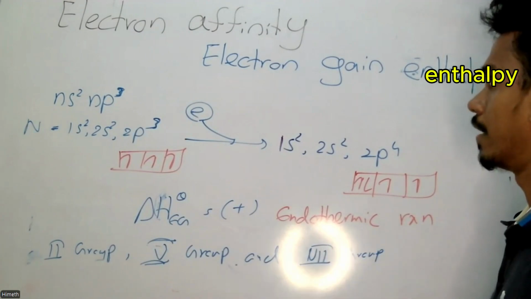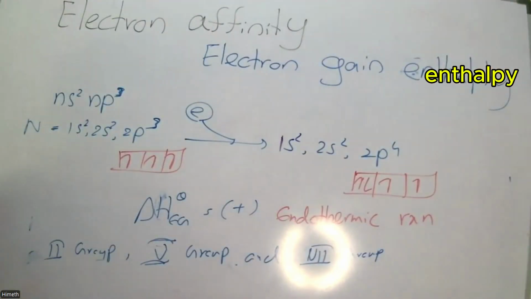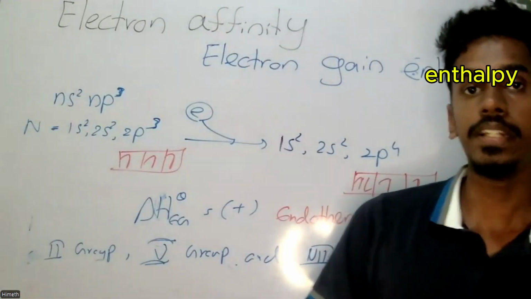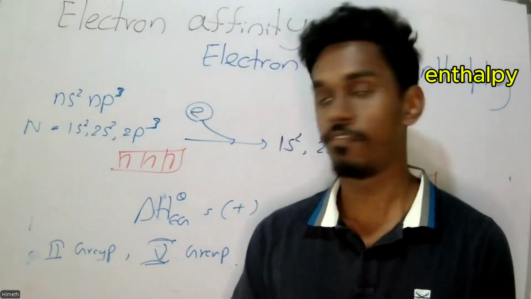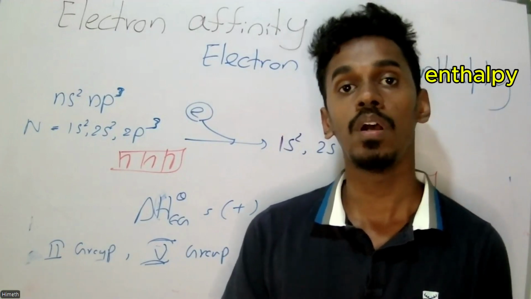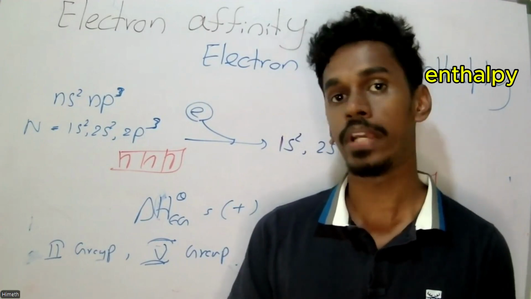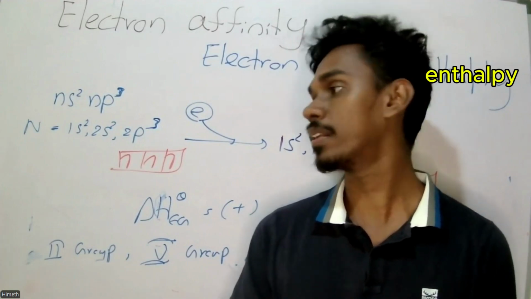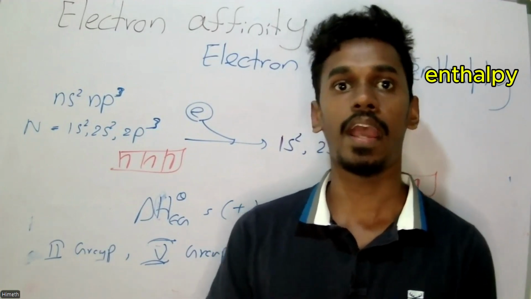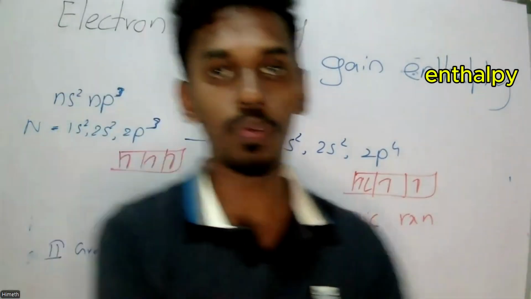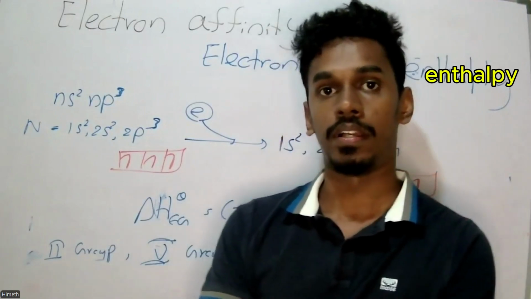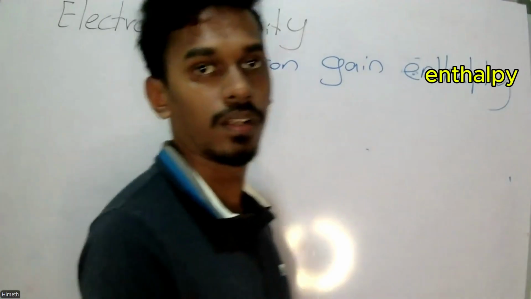Other groups have negative enthalpy values, but groups 2, 5 and 8 have positive values. So now let's see how the enthalpy values of other groups change.